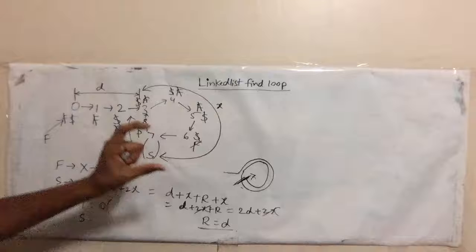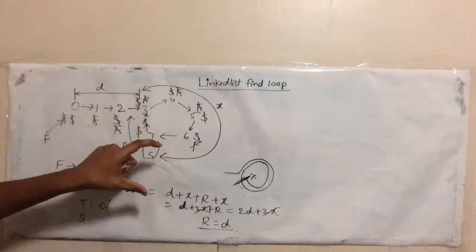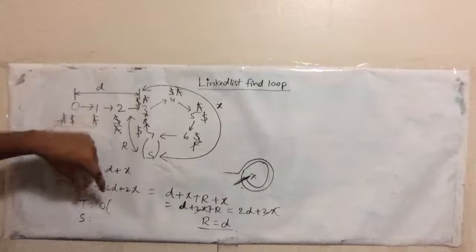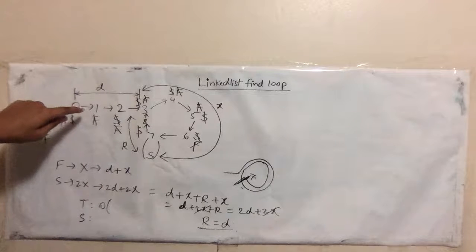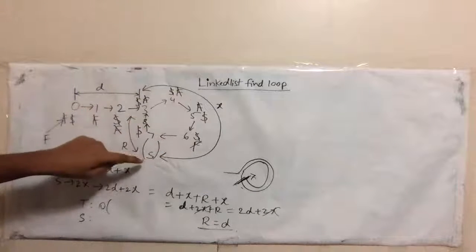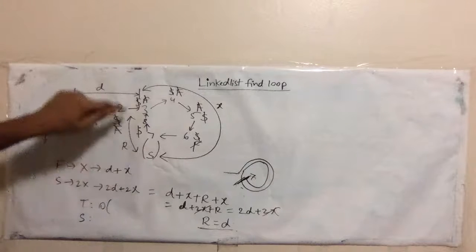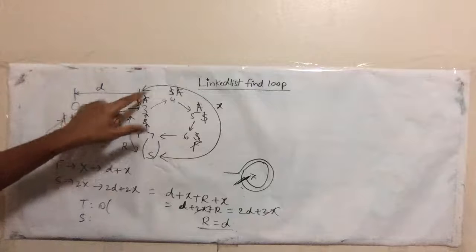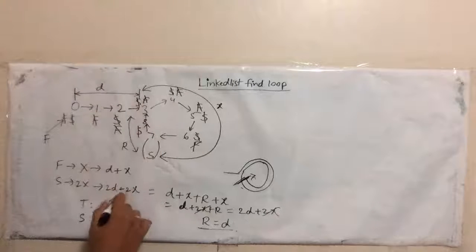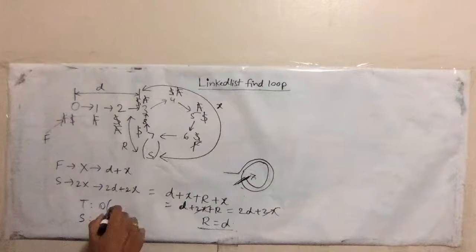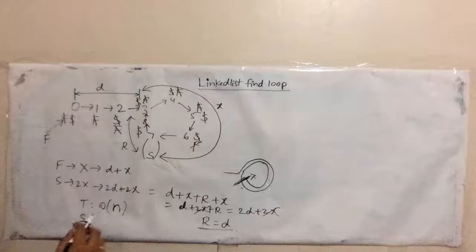The first pointer, which is moving at a slower pace, is the standard for calculating the time complexity. It has traveled the length of the number of nodes. If we call n the number of nodes in the given linked list, then it is O(n).